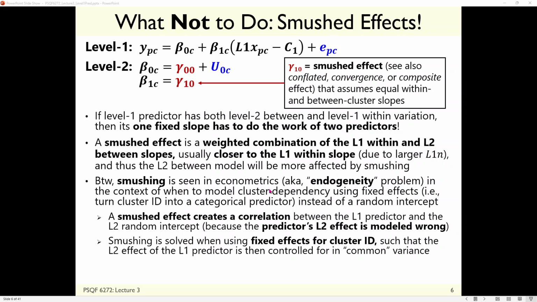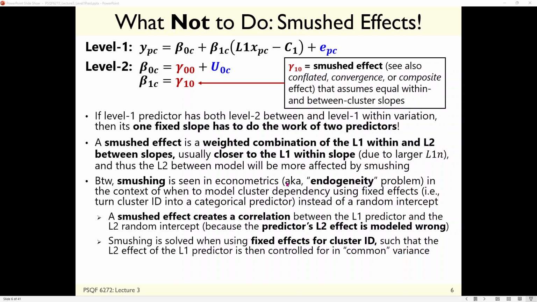It's like the level 2 variance is sneaking into the level 1 effect, and that's what's causing the problem. But it was not sneaking in, it's just already there. It's a failure to recognize that additional source of variance and to separately estimate its effect in the model. That's the problem. So it turns out if you don't smush, you're good. And you don't have to switch to fixed effects.